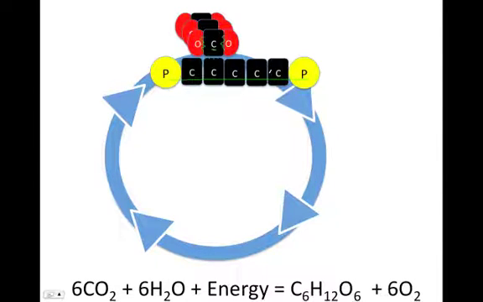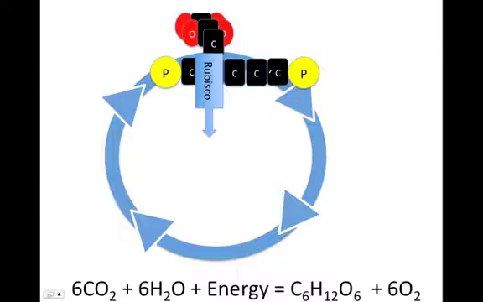In order for us to be able to break apart the covalent bonds in the carbon dioxide and catalyze the bonds between the carbon and the ribulose bisphosphate, we're going to need an enzyme again. And the enzyme we're going to be using is Rubisco. Rubisco is going to pull off those oxygens, and it's going to catalyze the covalent bonding of the carbon to the ribulose bisphosphate.